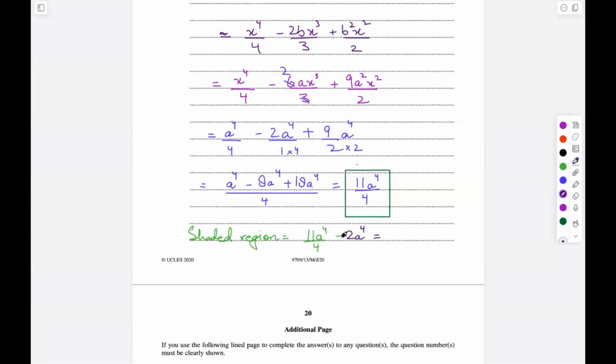So taking the LCM, 4 times 2 is 8, and 11 minus 8 will become 3. So the answer will be 3a to the power 4 upon 4.